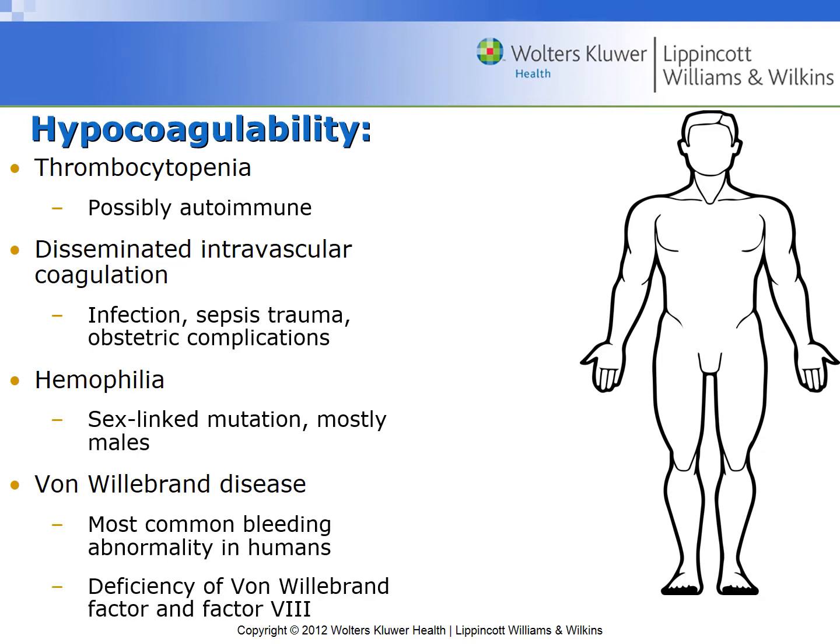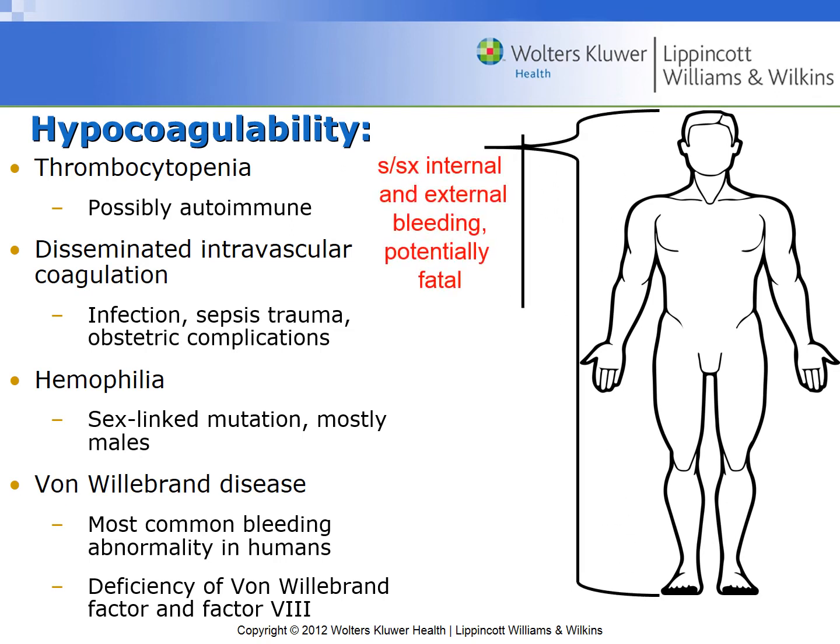It is the deficiency of factor VIII and von Willebrand factor, parts of the clotting cascade. Signs and symptoms of internal and external bleeding, potentially fatal, because if you can't coagulate, if you can't stop the bleeding, it's going to continue.